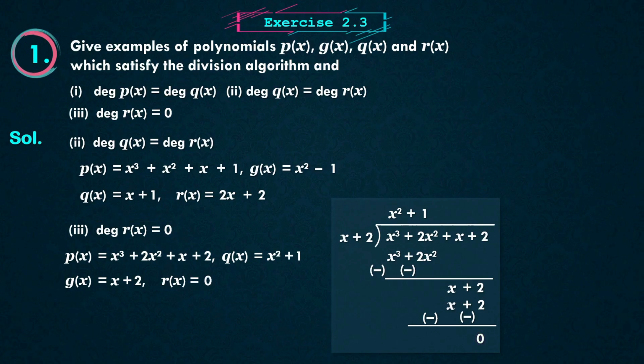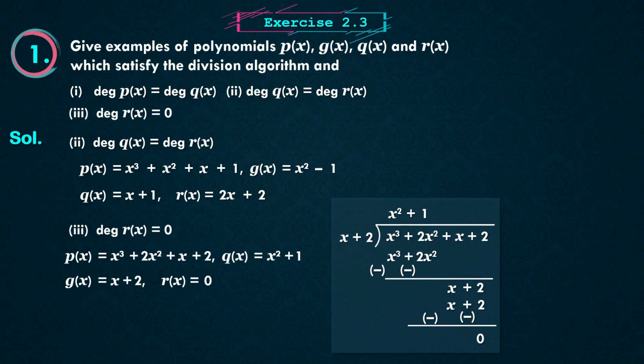Now let us verify whether these polynomials satisfy the division algorithm. According to the division algorithm, p of x equals g of x multiplied by q of x plus r of x. First multiply x plus 2 with x squared plus 1. Multiplying, we get x cubed plus 2x squared plus x plus 2.